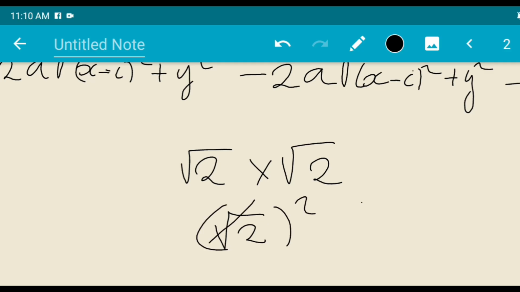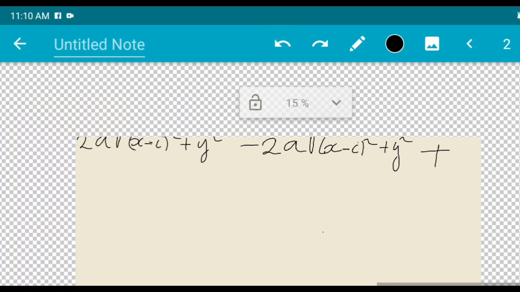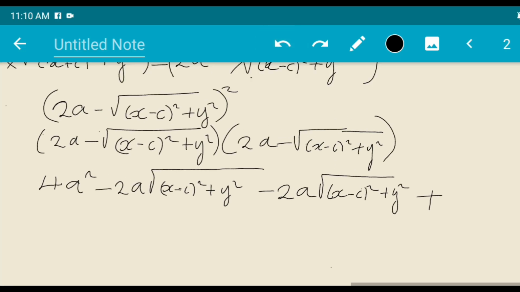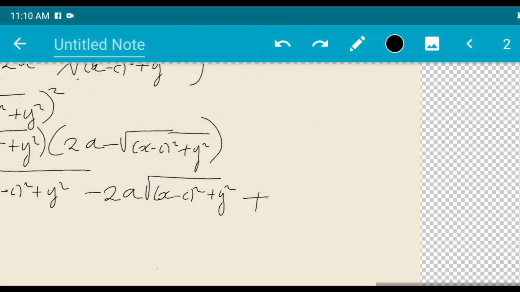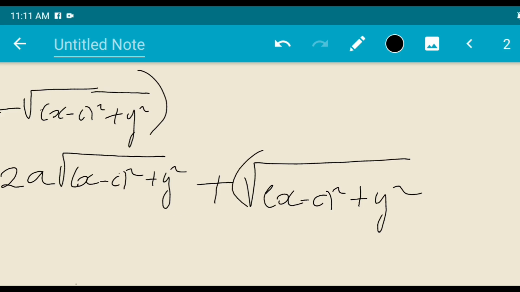So the root and the square go, and it is just going to be 2, which is just what is inside. Using the same idea, multiplying this times this will only give us what is inside. Since negative times negative is positive, it's going to be plus x minus c squared plus y squared. Then we can just cancel these out, so we've only remained with what's inside. That's all that we need to write there.